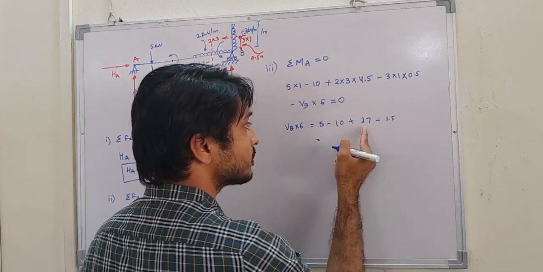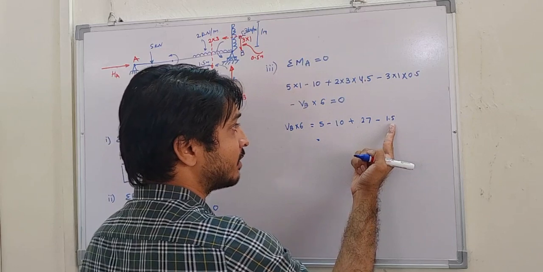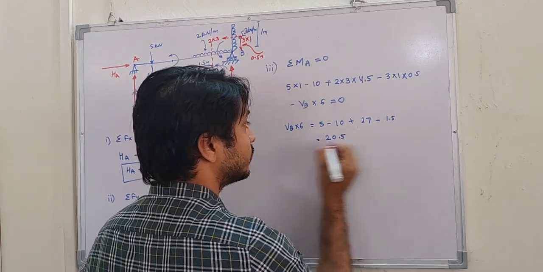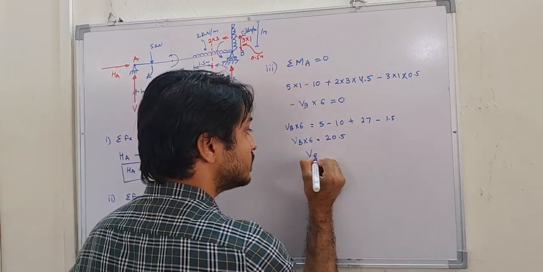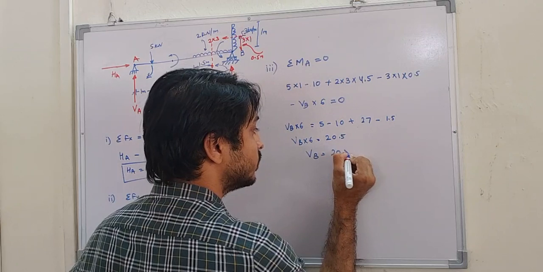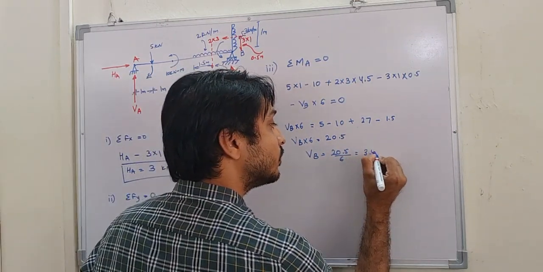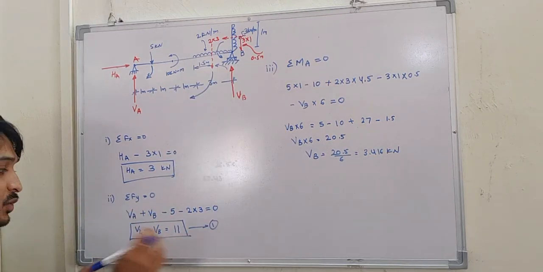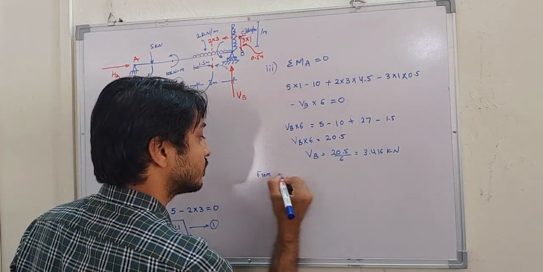So 27 plus 5, 32. 32 minus 11.5 is 20.5. So VB into 6 is equal to 20.5. So VB is equal to 20.5 divided by 6, which is 3.416 kilonewton.